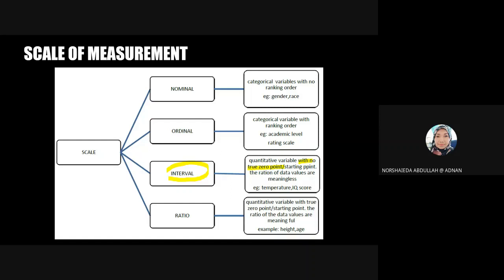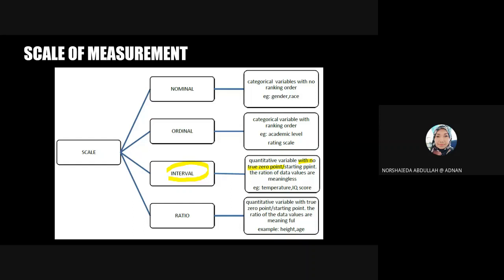Kalau temperature zero ni maksud dia is beku lah kan, dia beku, dia sejuk lah. Temperature zero tu maksudnya sejuk, beku. So bukan maksudnya tak ada. Right? Lagi IQ score kalau zero bukannya maksudnya dia tak ada IQ, tapi dia punya level tu, dia punya measurement tu macam tu. Tapi bukannya maksud dia zero tu means nothing, tak ada.